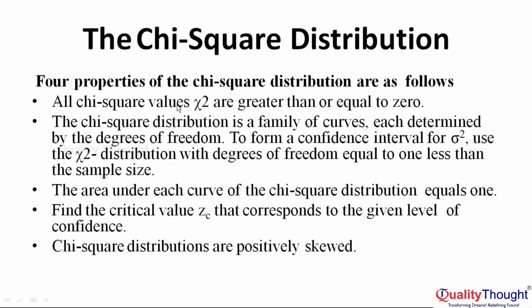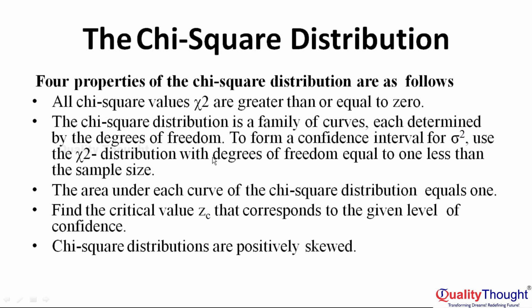We have a couple of properties that we need to understand for the chi-square distribution. All the chi-square values are greater than or equal to 0. The chi-square distribution is a family of curves, something like a T distribution, but this is different, each determined by the degrees of freedom.